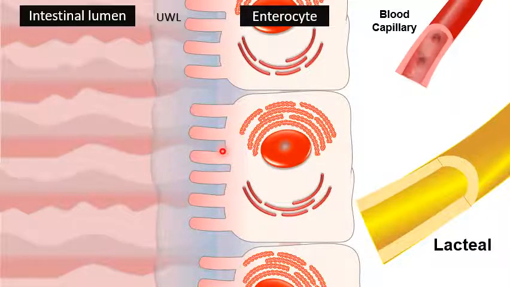Therefore, it is important for the drug to have a balance between lipophilicity and water solubility, so that it can be solubilized in the intestinal lumen, pass through the unstirred water layer, and reach the apical membrane of the enterocytes to be absorbed through to the basolateral side, and then the systemic circulation.